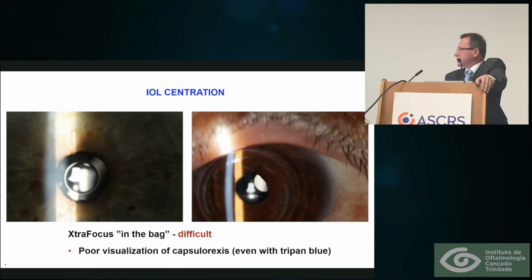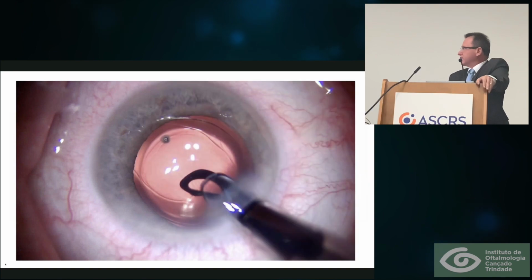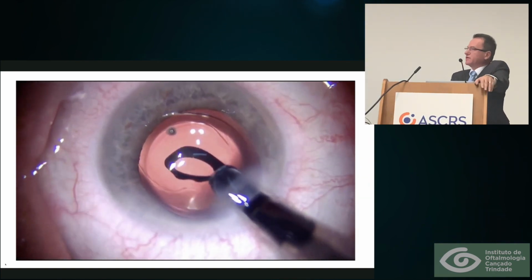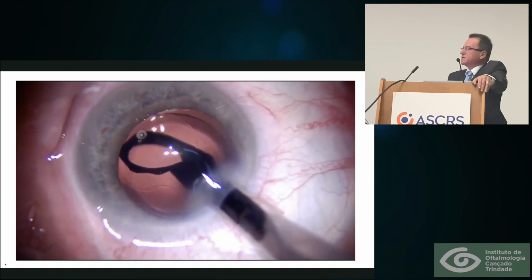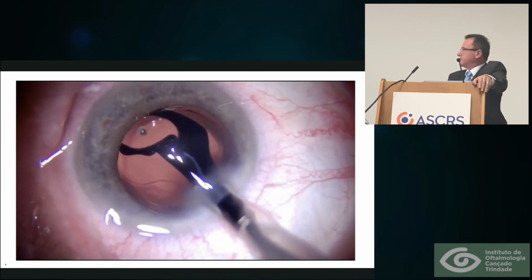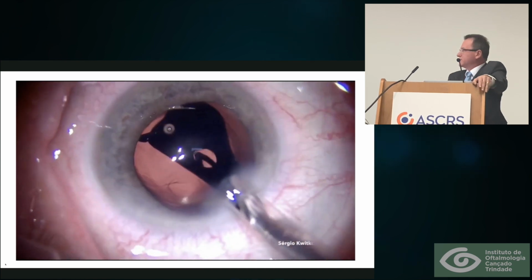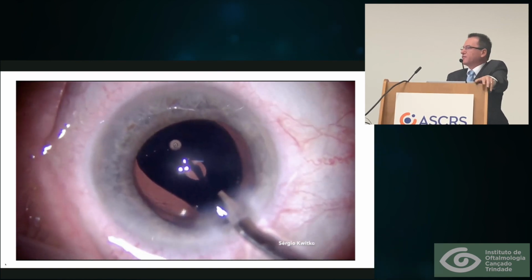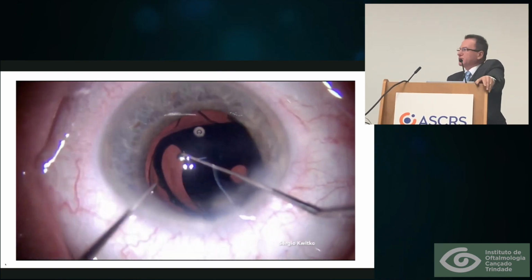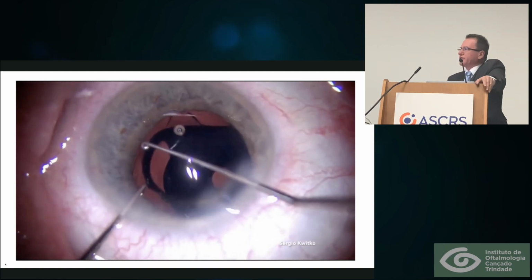It's difficult to see the capsular axis, but when you can, I think it's a good idea to try to implant the extra focus inside the bag with the other IOL. Even with Trypan Blue, sometimes it's very hard to see the capsular edge because the extra focus is black. But whenever possible, I think this might decrease the rate of decentration.